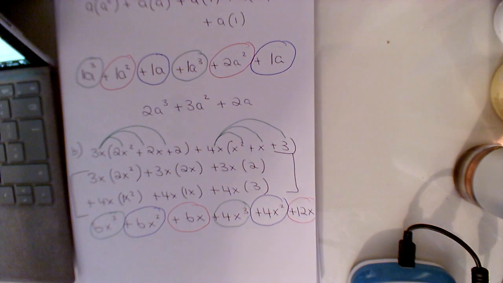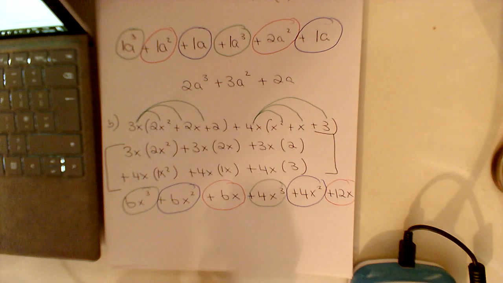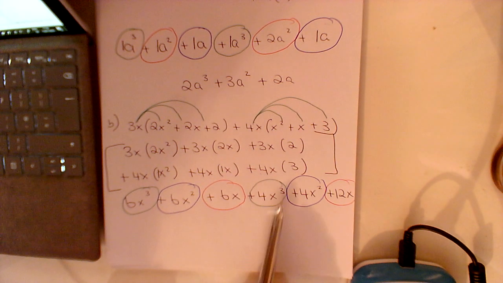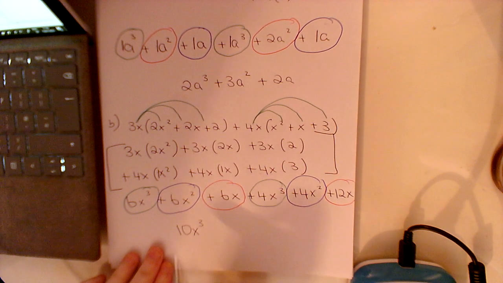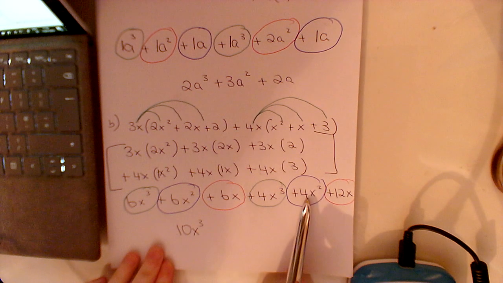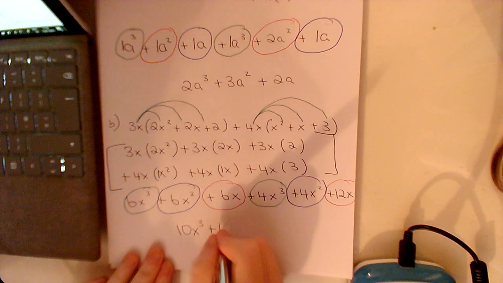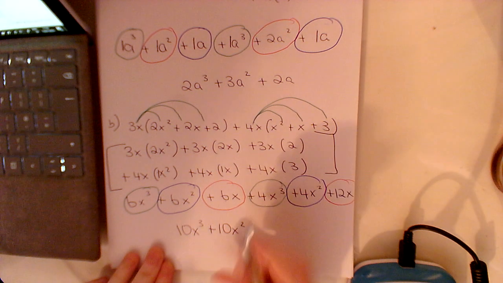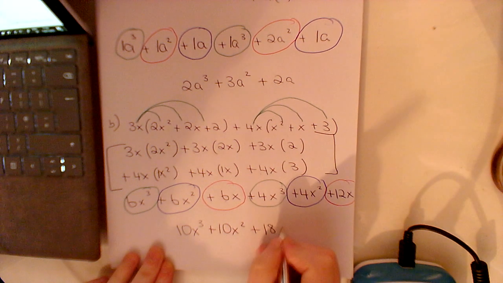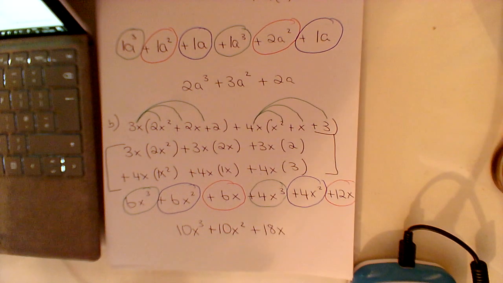Right, so then I add my like terms. 6x cubed plus 4x cubed gives me 10x cubed. 6x squared plus 4x squared gives me 10x squared. 6x plus 12x gives me plus 18x. And that's final.